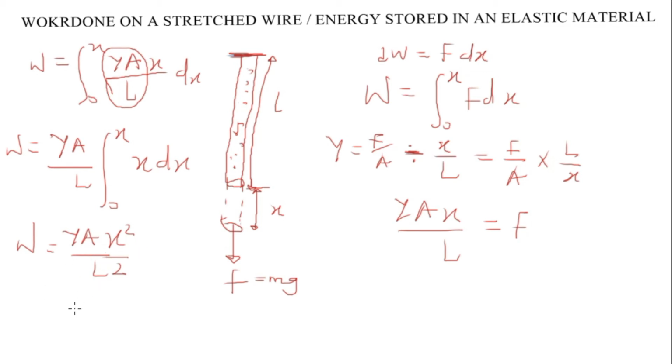This is the same as if I have Young modulus A x dot x, since we have 2x, then over 2L. YAx over L is the same thing as F according to this.